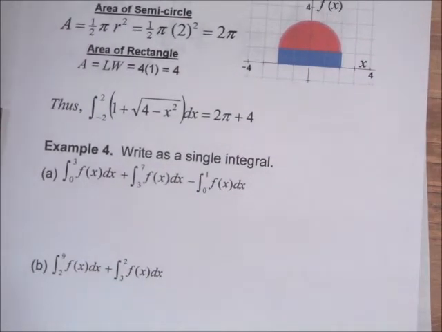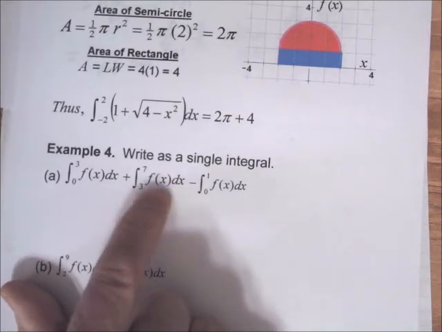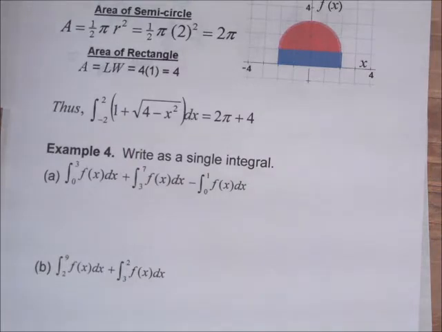Okay, so here we have a sum of integrals, all of the same function, but over different intervals. We want to write this as a single integral. So we have the integral from 0 to 3, plus the integral from 3 to 7, minus the integral from 0 to 1.